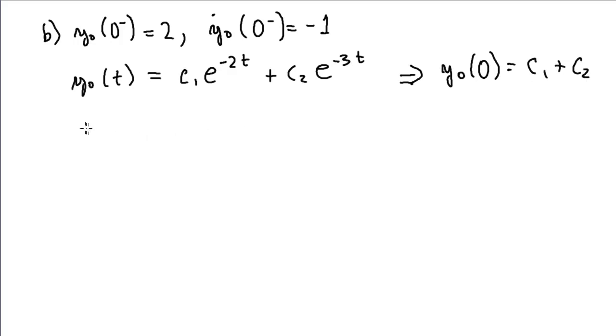To apply the other initial condition, we need to find first the derivative of y0 of t. So take the derivative of this term, the minus 2 comes down, I get minus 2 c1 e to the minus 2t, and then I'll have minus 3 c2 e to the minus 3t.